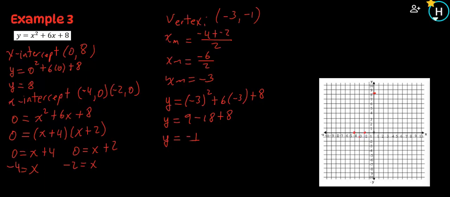And join the points. So this is the representation. Look that the curve, the parabola, opens upward. Why? Because the first term is positive.